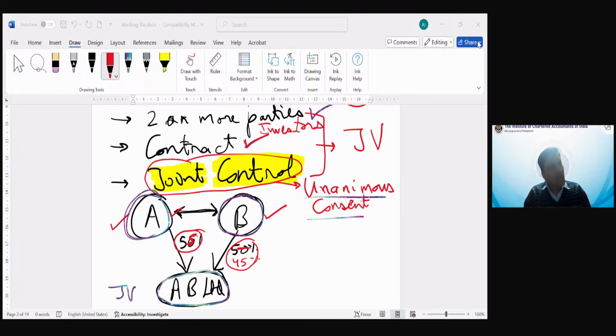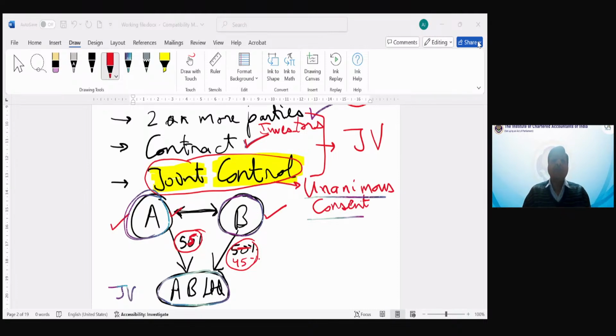Okay. Clear? Anil, clear on this? For this JV to be called, joint control has to be there. Fine. Everyone clear? Now this is the most important point in case of a joint venture: joint control.